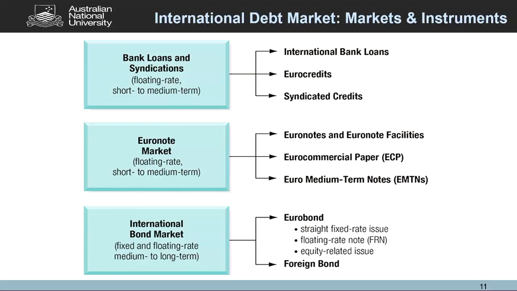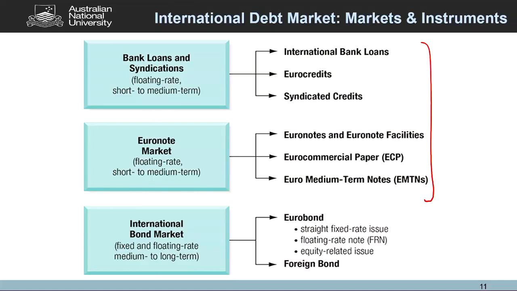We just talked about the bank loans and syndications market. We also talked about the euro currency market. So those are the two markets that we just talked about. And we talked about the banks financing corporations as well as how the banks finance themselves on the wholesale market.